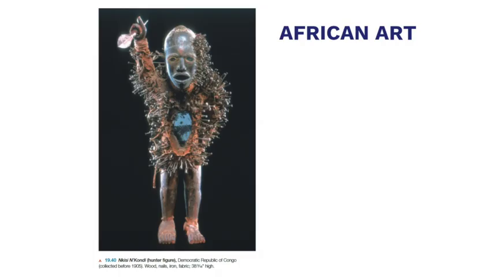And so people would be responsible for nailing a nail into the figure as a way to activate the power of this figure, but also as a way for them to say, like, I am not the person responsible for this illness. And so through the activation of the Nkisi Nkonde, the idea was that whatever was wrong in the community would be righted.